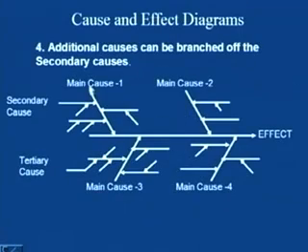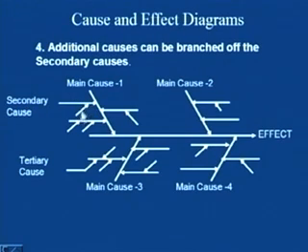The next step is that additional causes can be branched off the secondary causes. Once the secondary causes have been identified, we can further go for the classification of the tertiary causes. Once we know a particular secondary cause, that secondary cause becomes the effect. Then we ask, in order to achieve this effect, what are the possible causes?